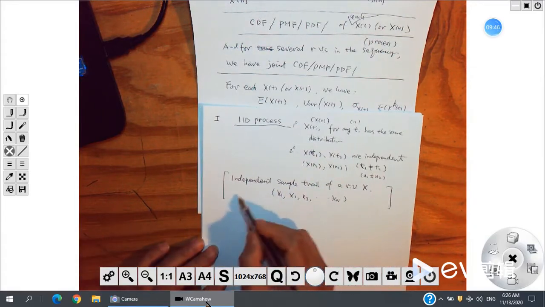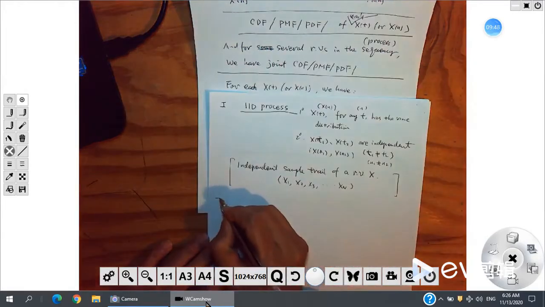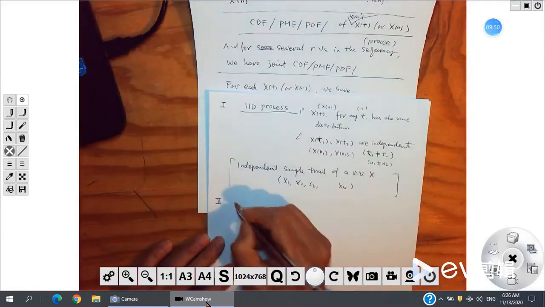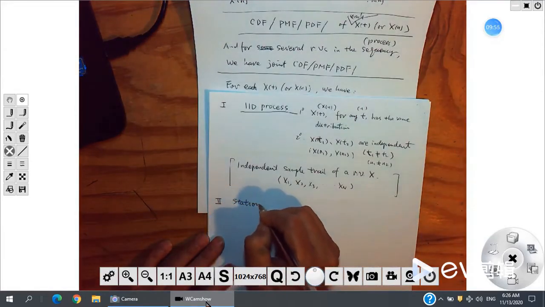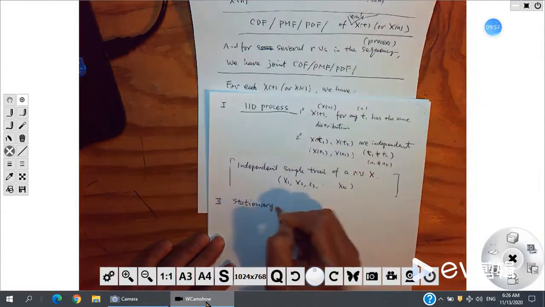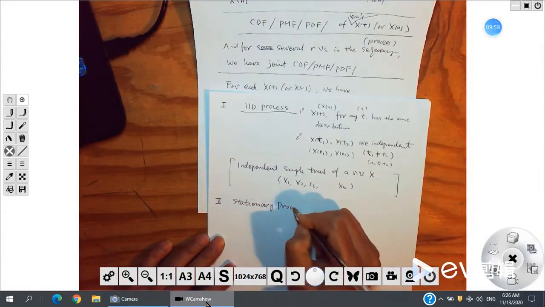Okay. Then the second one we call a stationary process.